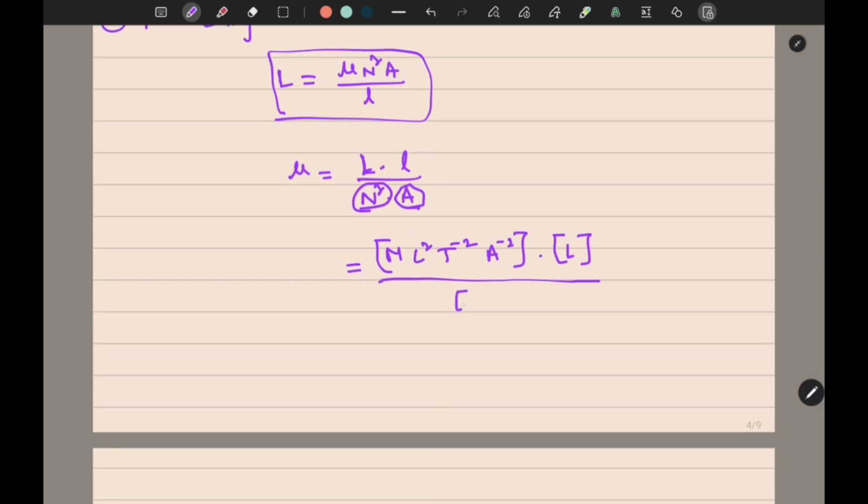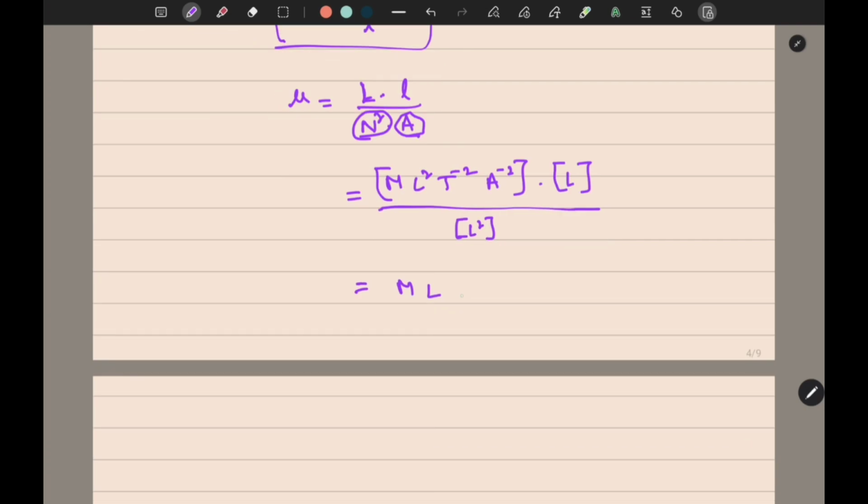For area, the dimensional formula is L square. From this, the permeability dimensional formula we get is M L T power minus 2 A power minus 2. This is the dimensional formula of permeability.